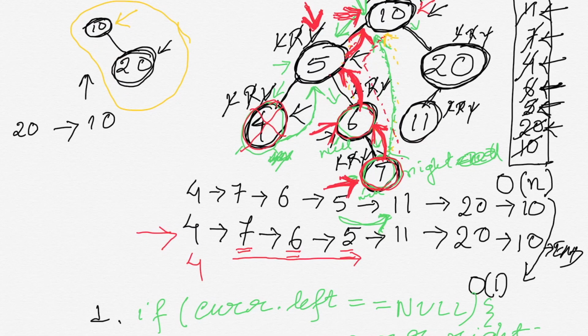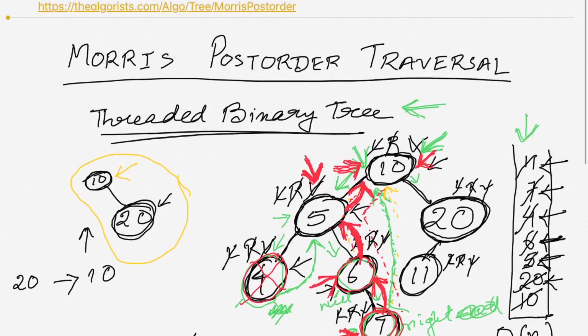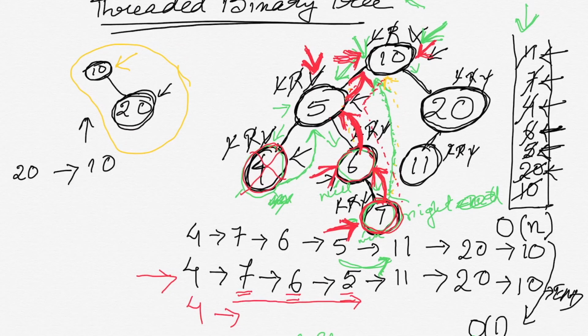So we start from 7 and we go on printing along its right child till we hit the current node. So don't forget that the root node is still our current node, and we are in the part where we have visited this node for the second time, and all these operations we are doing as part of the second visit, when the predecessor has already been computed.